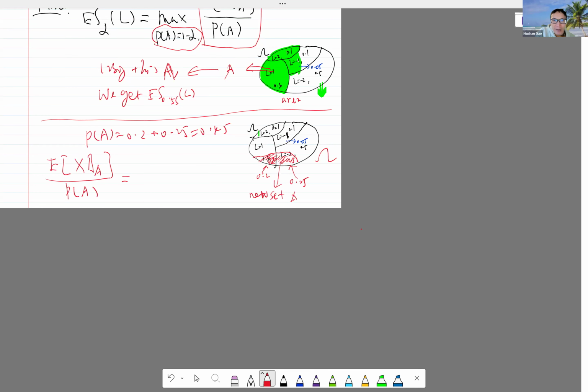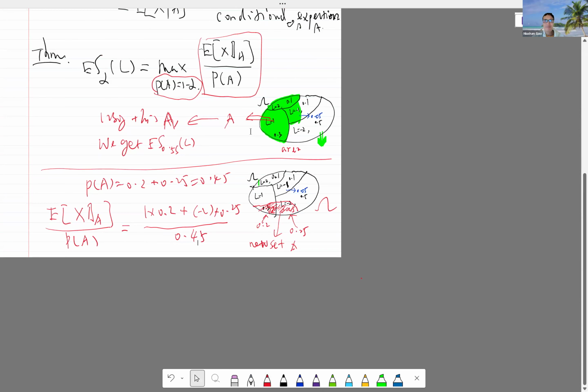The first part, L takes the value 1 with probability 0.2. The second part takes the value -2 times 0.25, divided by the total probability 0.45, right? Do you agree with me?